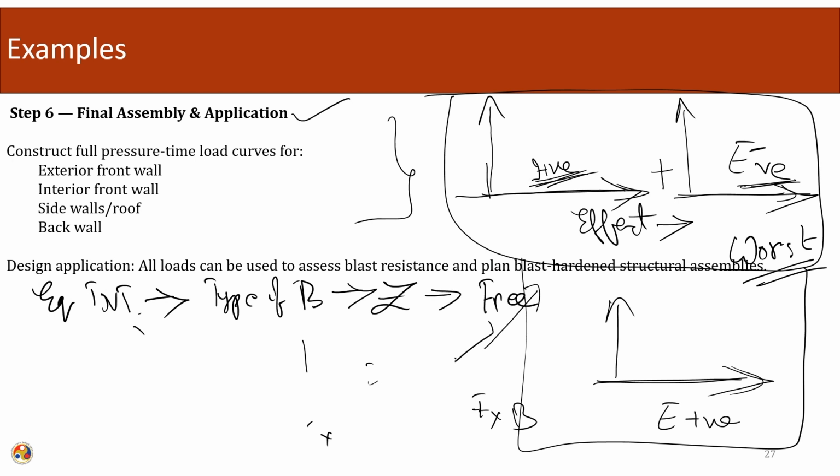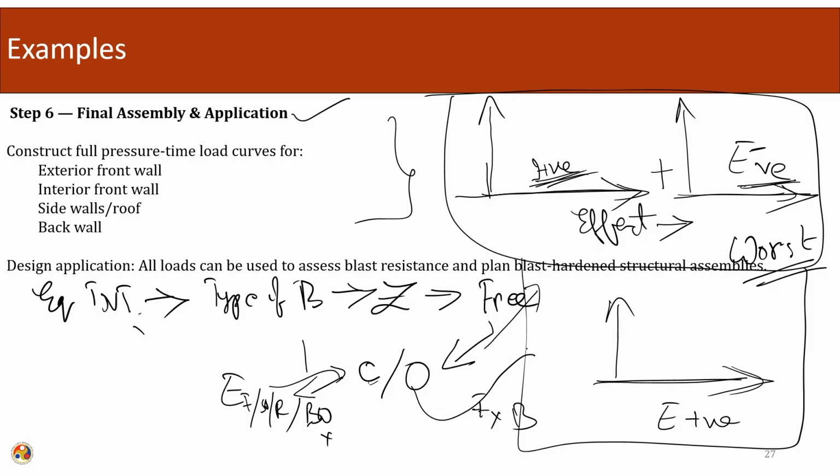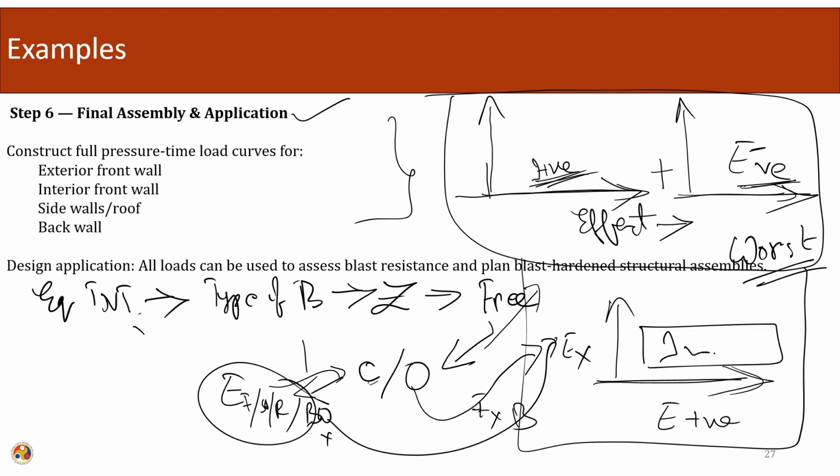From the free field parameters, depending on the closed case or opening case, we calculate the exterior loading: if it is a closed case, exterior on the front wall, side walls, roof, and back wall. If it is an opening case, we similarly calculate all the exterior quantities, and in addition we also calculate the interior quantities.